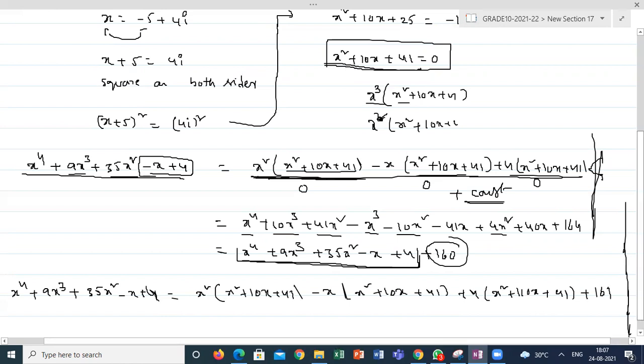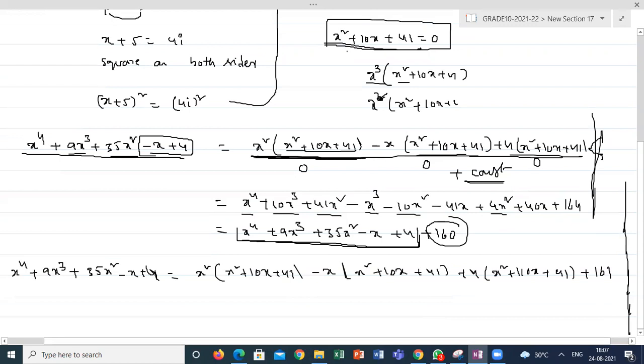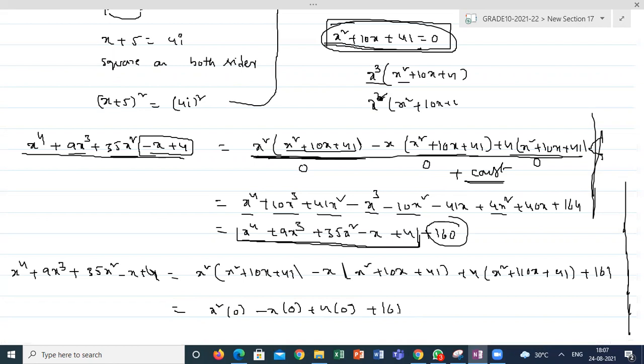Yes, sir. So we already calculated the value of this. It is 0. So this is x square into 0 minus x into 0 plus 4 into 0 plus 161. Tell me the value of the given expression now. 161. Oh sir, 160 now. This is 160, sorry. Yes, sir, 160.